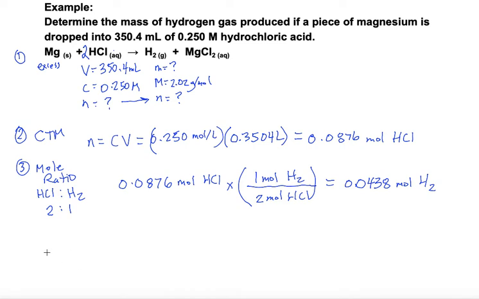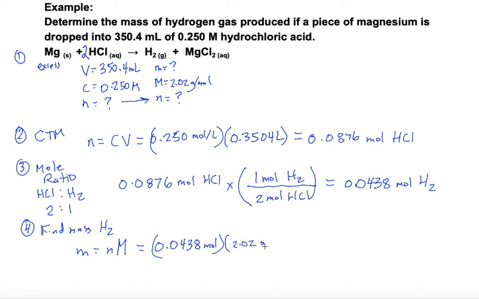The last thing we need to do is convert to mass. Right, so if we remember, mass is just moles times molar mass. So we're going to have 0.0438 moles times 2.02 grams per mole, because remember there's 2 hydrogen atoms for every hydrogen molecule.